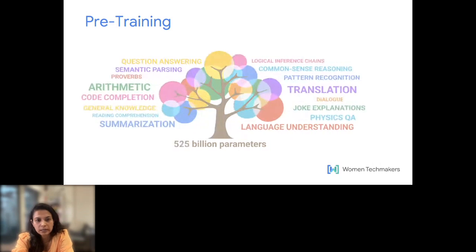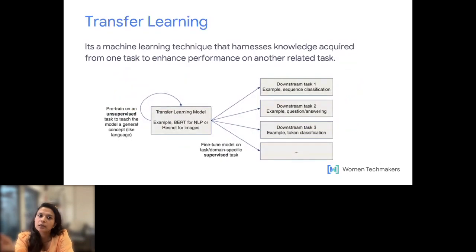So that leads us to our next term, transfer learning. So what does transfer learning mean? Transfer learning is a machine learning technique that harnesses knowledge acquired from one task to enhance performance on another related task. So transfer learning is basically taking what the language model has learned during the pre-training phase and applying it to the downstream task.